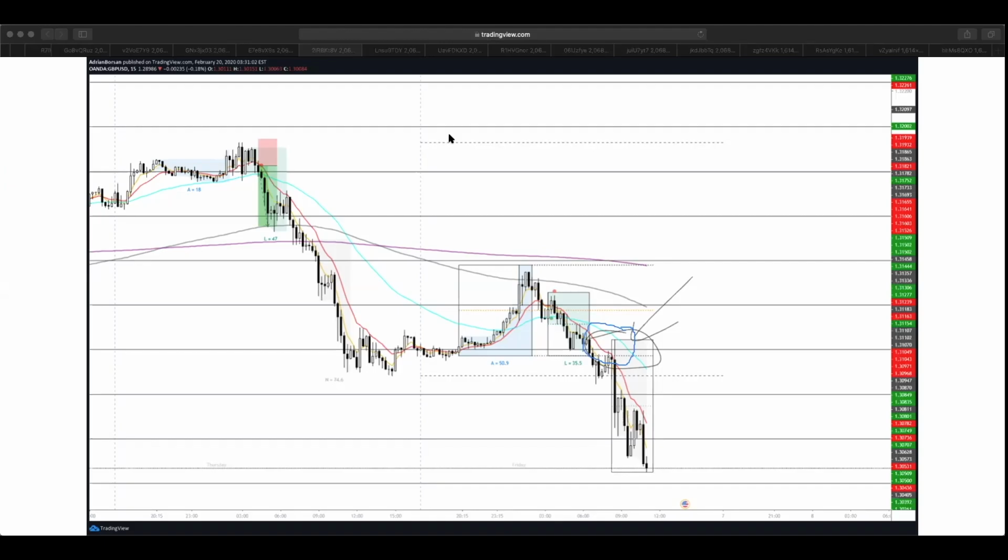Good. Make a note of it. If you see this happening all the time, you're going to see it again, right? This is just noticing the behaviors that they're doing on that specific pair. So if you're seeing it in backtesting over and over again, when you see it in the live market, what are you going to do? I'm going to take it.